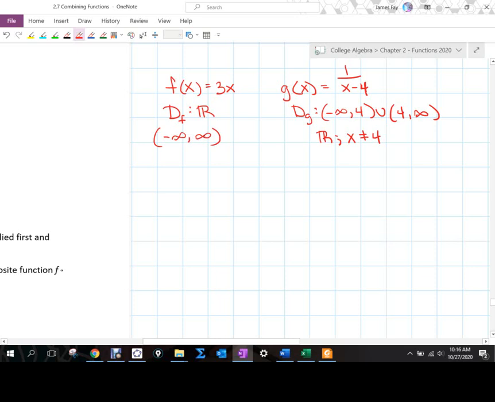Okay, so those domains are going to impact how we deal with f composite g's domain or g composite f's domain. And the first thing I want you to think about, let's write down f composite g of x. Okay, and I want to draw a picture of what that really means to us. What would be the first function that you are going to plug into to start this evaluation process?